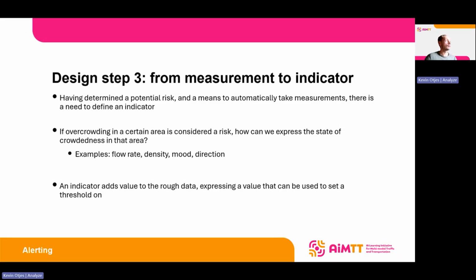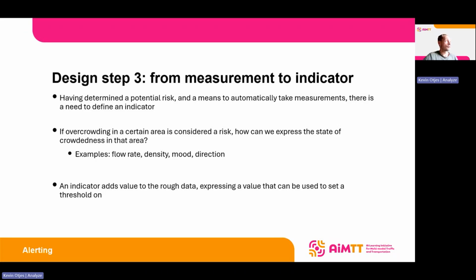Well, we want to know something about the flow rate, because we have certain areas where we want the flow rate to be very high, and if we can measure that the flow rate is decreasing, that might be something that we would want to remedy. So then we would start asking people to move along or do some other kind of intervention to avoid such a passage area from crowding up.